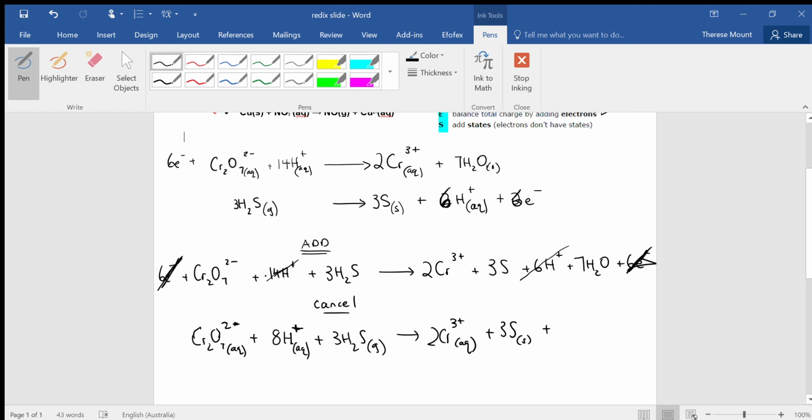Water: there was no water on this side, so we can keep all those 7 waters there. And then I've cancelled my electrons. So that is the answer to that question.